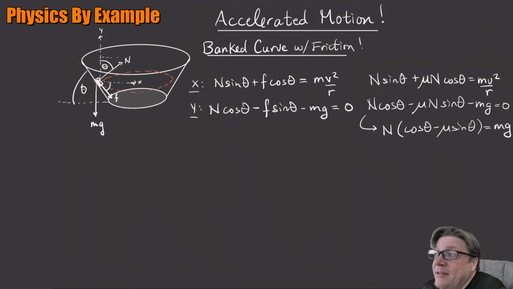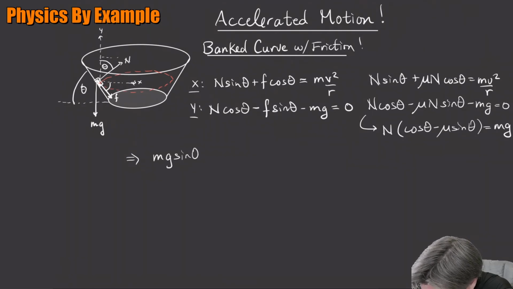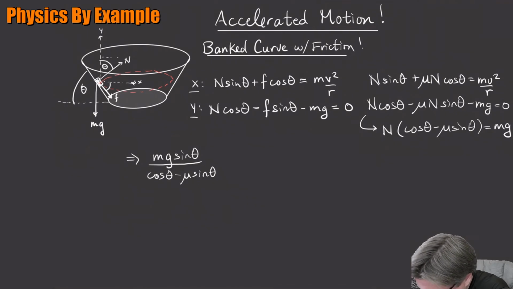If I divide by the thing in parentheses, I'll have n by itself, right? And then I can plug that into the top equation. So the top equation is going to be mg sine theta divided by this business on the bottom, cosine minus mu sine, plus a mu mg cosine theta, and then the same thing at the bottom, cosine minus mu sine.